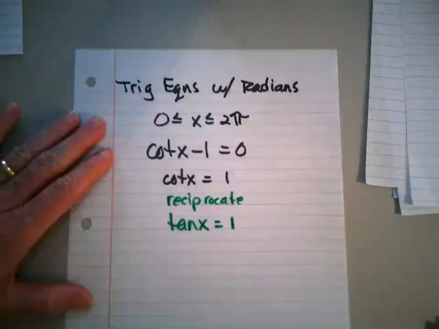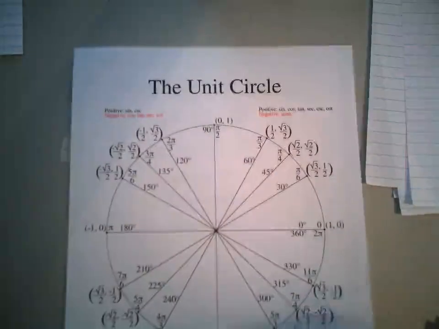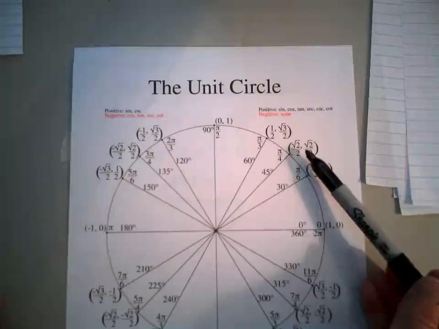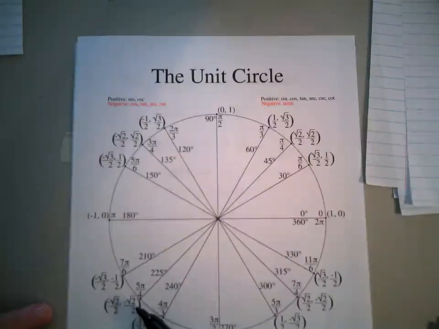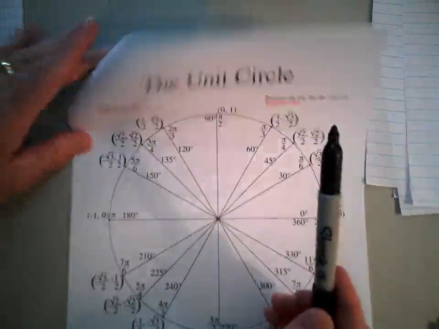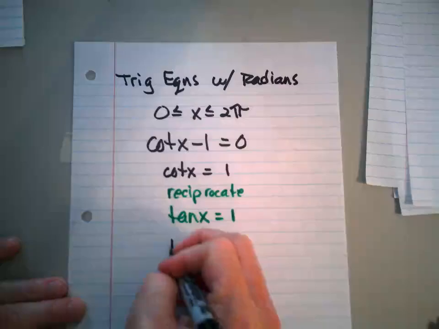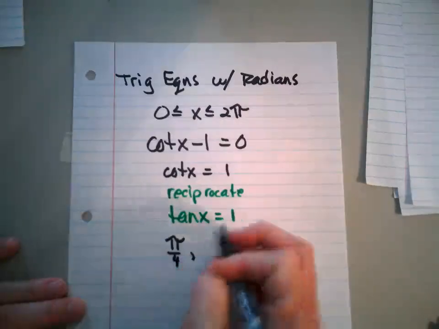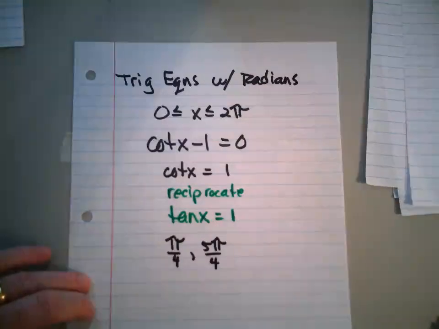So now we've got to find all the places on the unit circle where your tangent is 1. So it's going to be pi over 4 and 5 pi over 4. These two places will give you a tangent and a cotangent of 1. So that would be pi over 4 and 5 pi over 4.